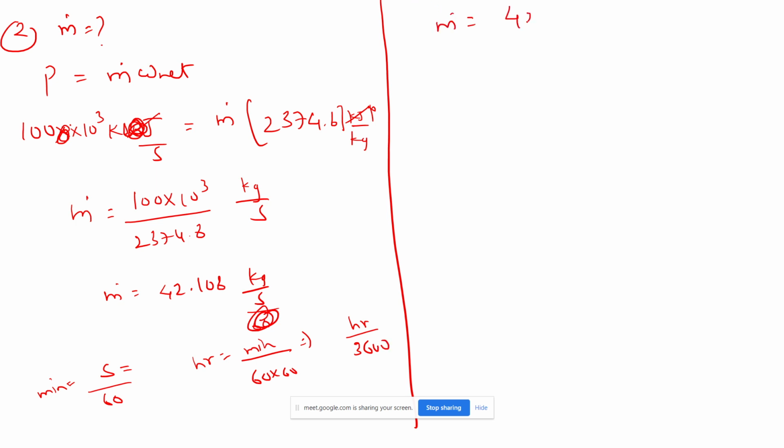Here also we have to do the same. 42.108 kg per second, multiplied by 3600. So you will get the answer in kg per hour.